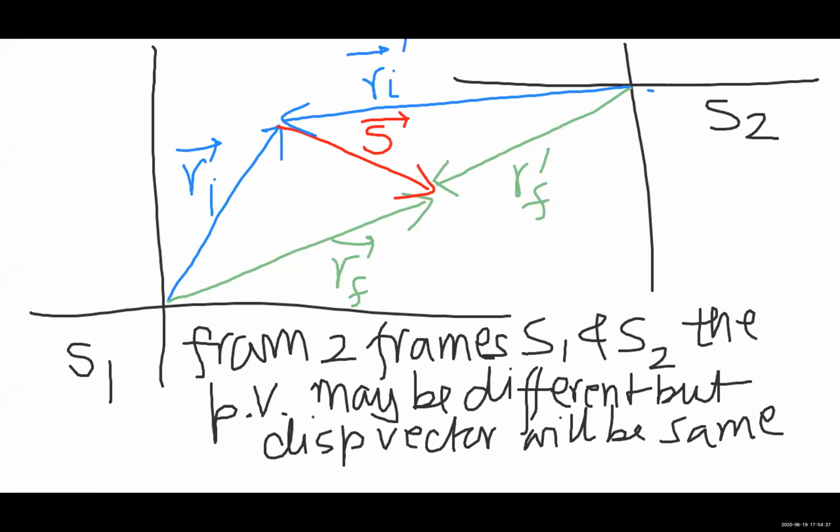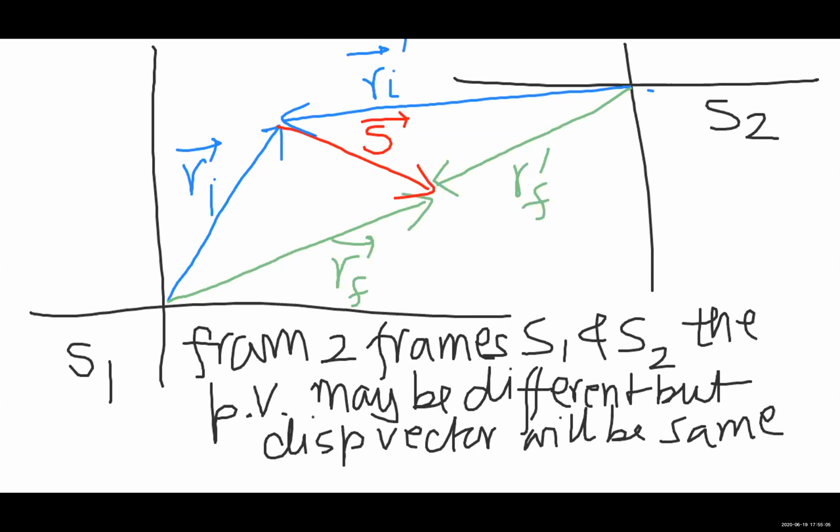So three perspectives of motion. One, you look at only the initial and final points. You're not bothered about what happened in between. Two, you are looking at every point of motion. You are looking at every point the particle passes. Okay? You are looking at extreme details of the motion. And number three is somewhere in between.